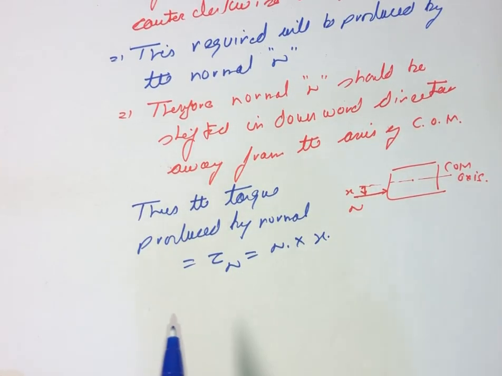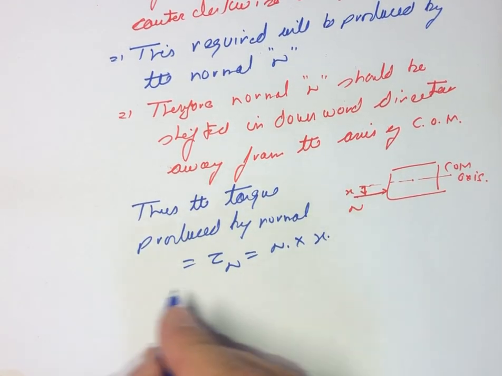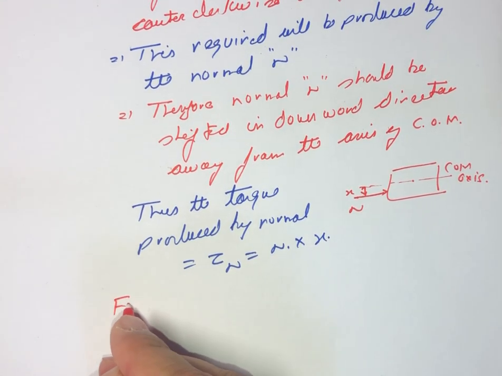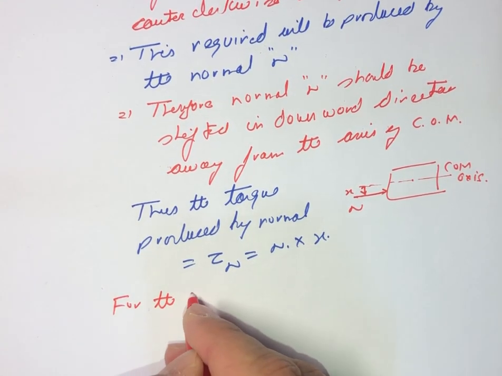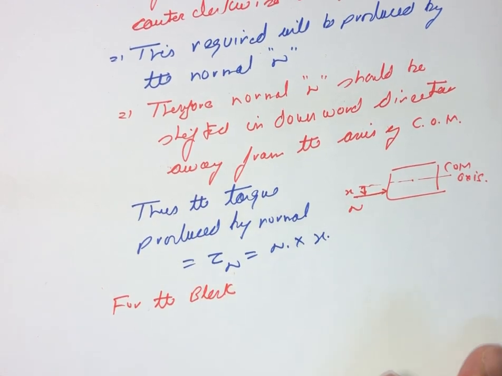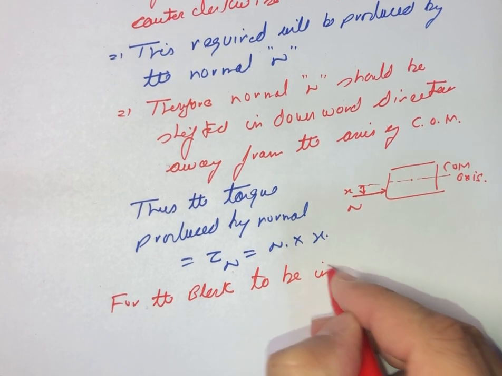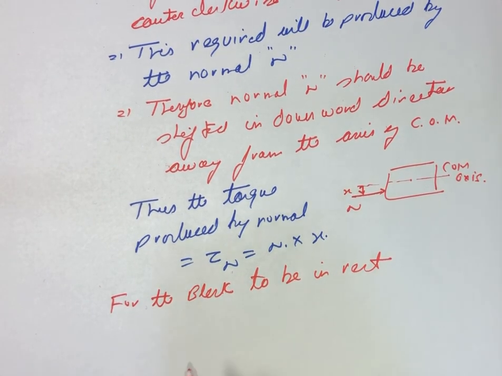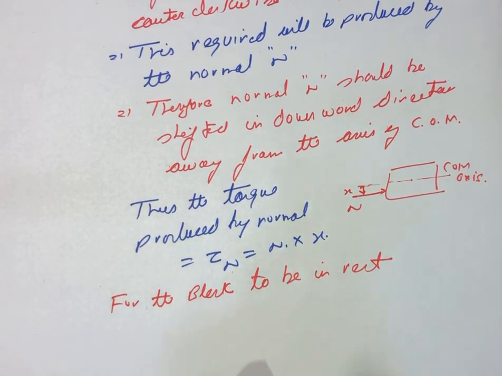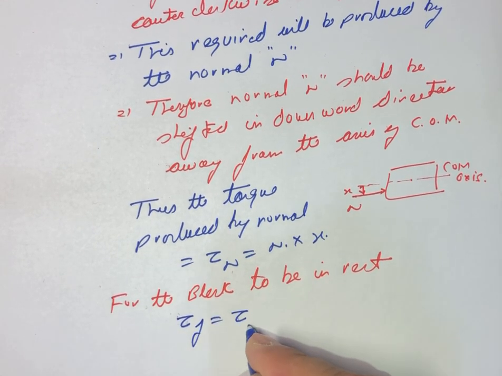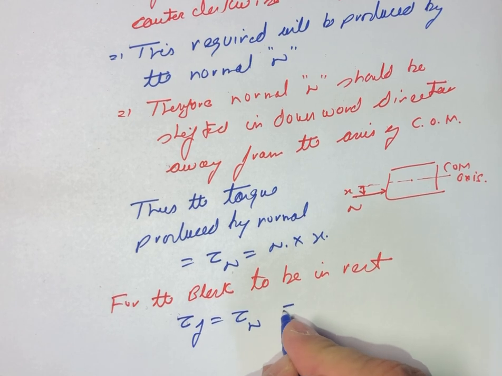So for the block to be at rest, tau f should be equal to tau n.